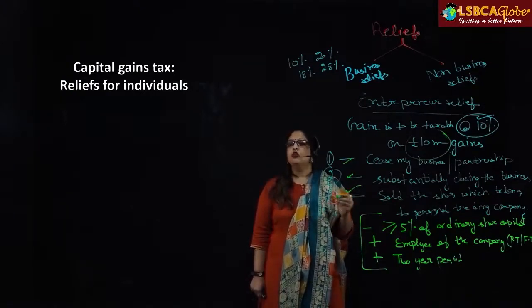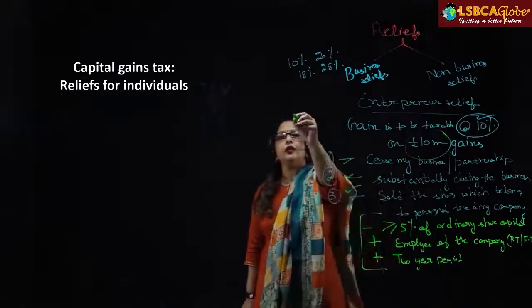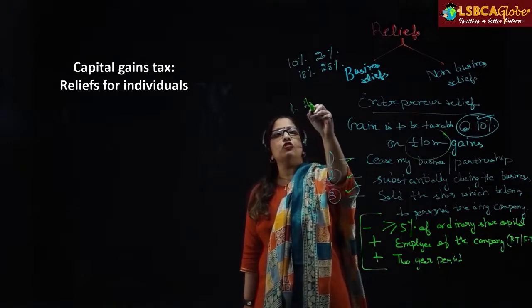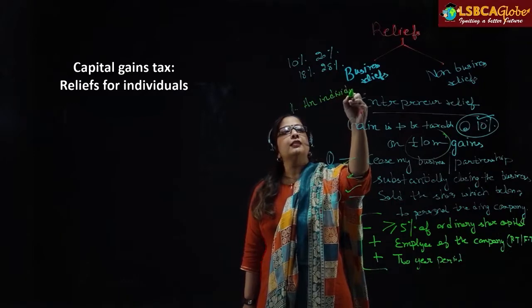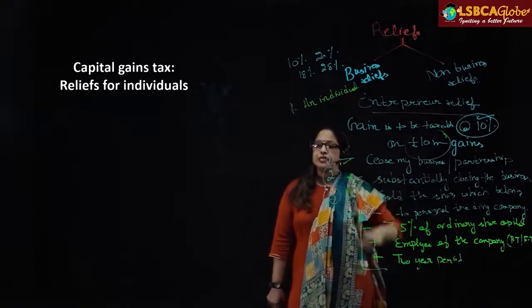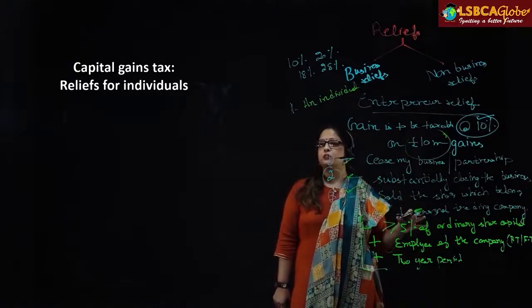Okay, now just remember, class, some key points. First key point: an individual asset in isolation. ER is going to be claimed only when either the entire business is disposed or the substantial business is disposed.